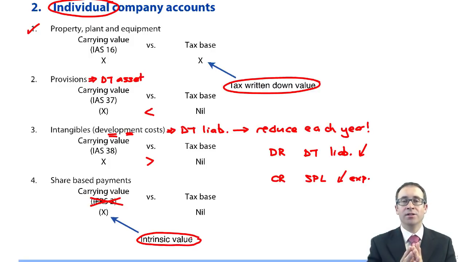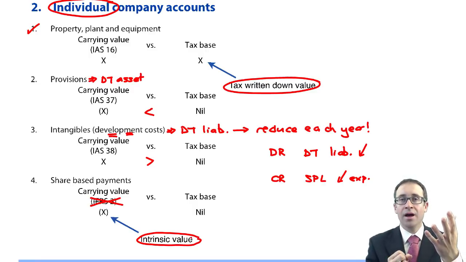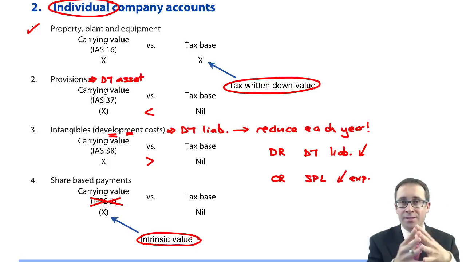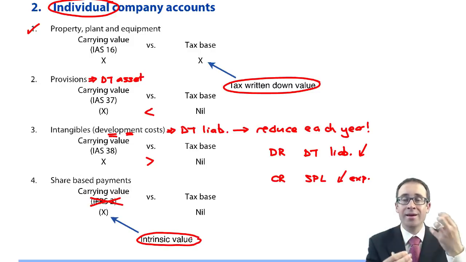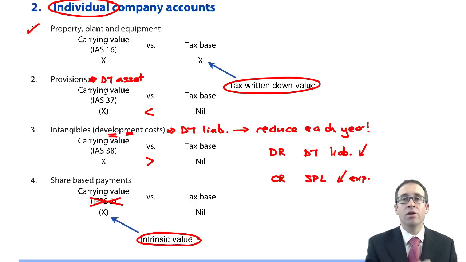So if you had a share worth, say, $10 that you could buy, and to get it you could pay $8 as part of the option, the intrinsic value is the difference between the 8 and the 10. So the value that you get if you were to buy the option and immediately sell the share, you would generate $2, and that is factual. You know how much you can pay to get the share, you know how much you can then sell it for, and that is the intrinsic value.